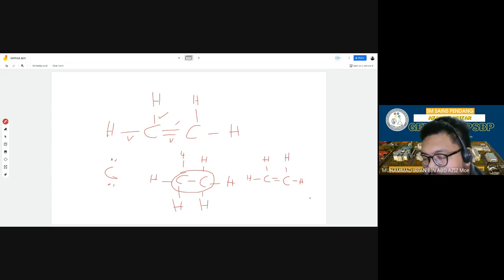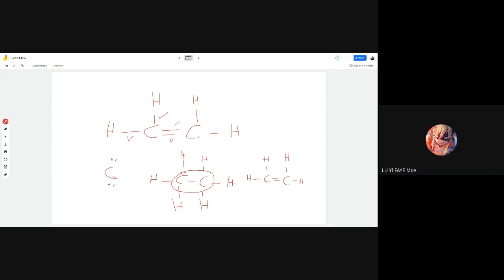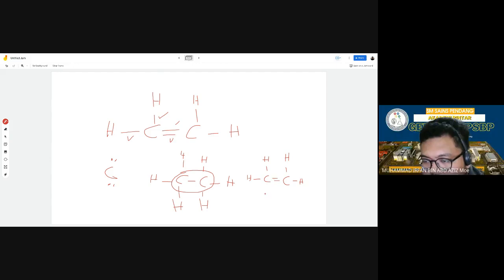Ni akan masuk dalam tahun depan lah. Okay, the naming, this is only 4 hydrogen je ada. So this is a double bond alkene. Kalau triple bond, it will become C2H2. Macam tu.